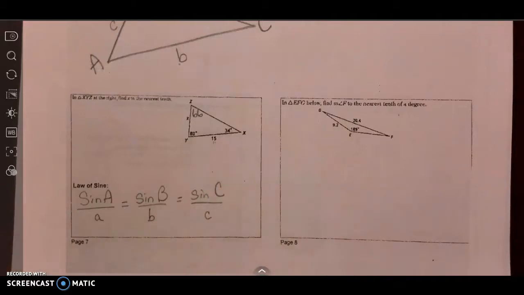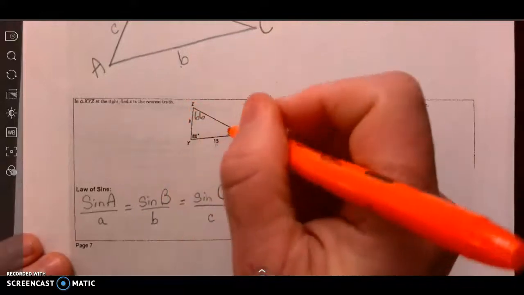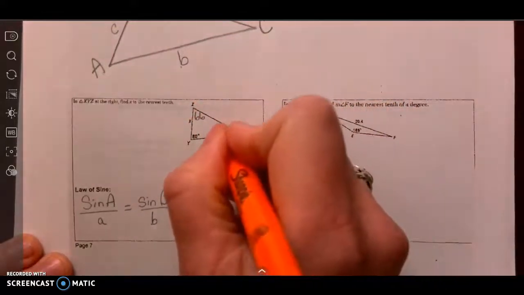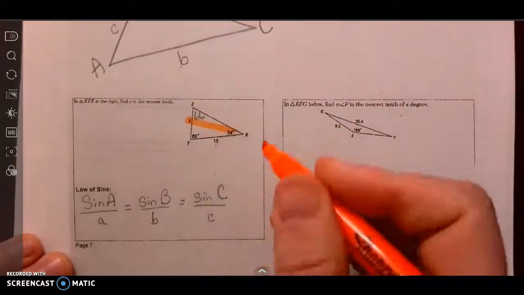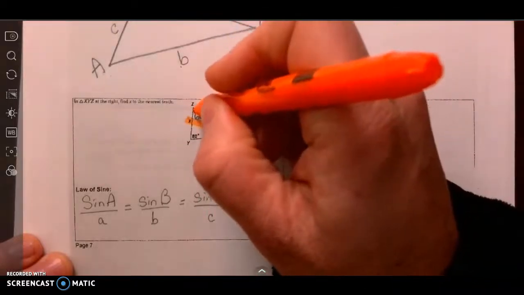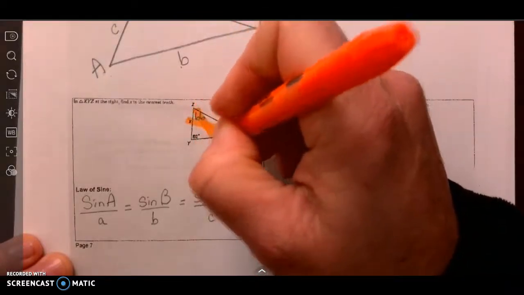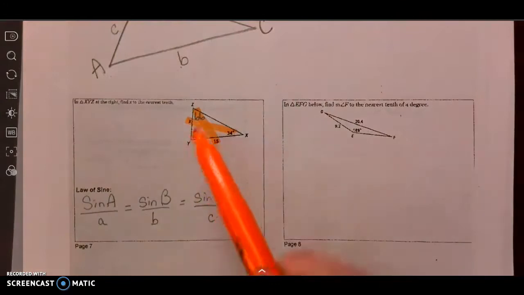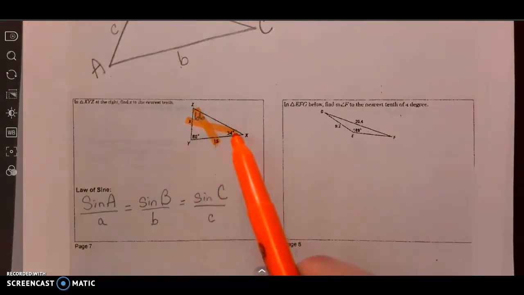So I've got to look at angles and the side across from it. This is the one that I need right here, and this is the one that I have right here. I have this angle and the side across from it, and I have this angle and I need that side.